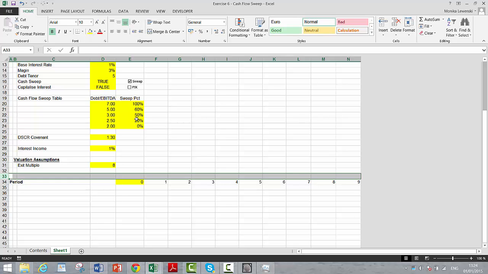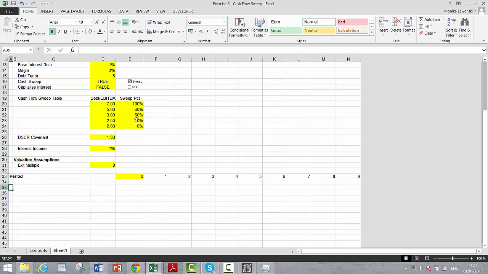Now, to get to the structure of the model, let's put the operations in. First, I noticed when I did this last time, I didn't do this. It should have been like this. So we put base cash flow.